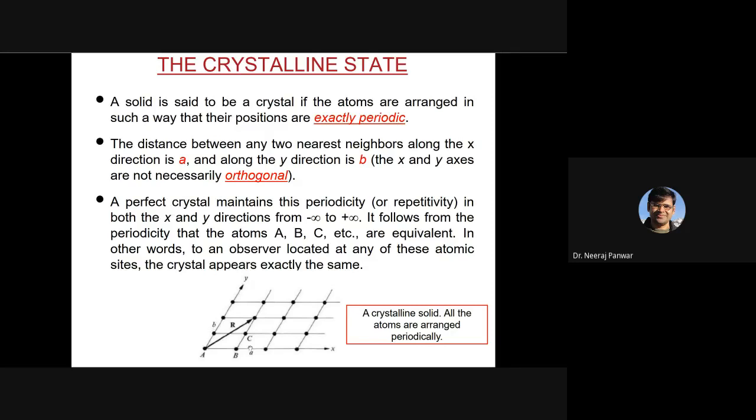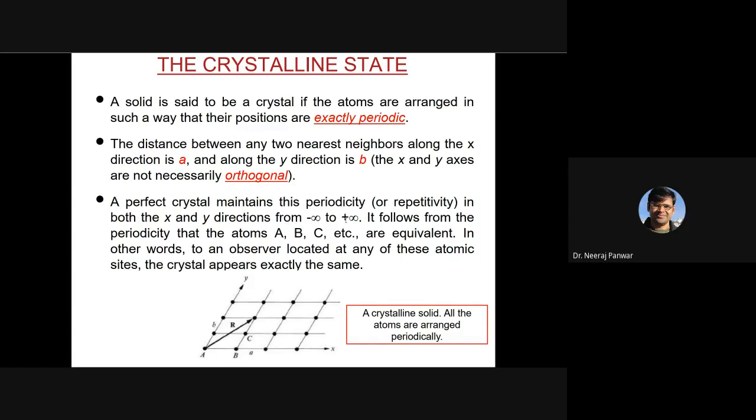These a and b along the x and y axis may not be orthogonal to each other. By orthogonal, we mean the x and y axis may not necessarily be perpendicular to each other. They may have some angle lesser than 90 degree. A perfect crystal maintains this periodic arrangement or repetitivity of atoms in both x and y directions, from minus infinity to plus infinity.